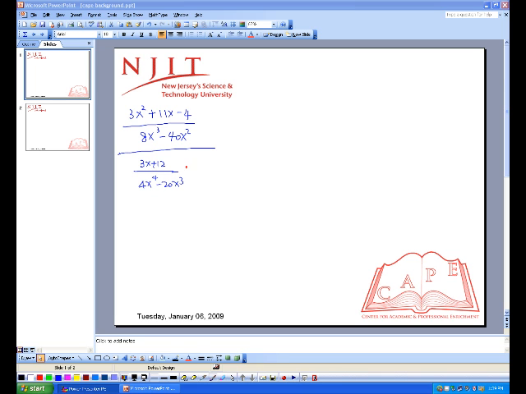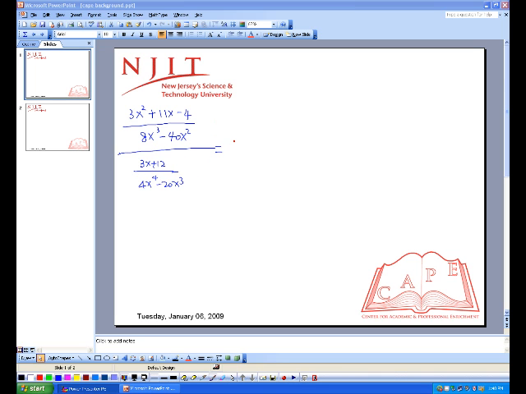Okay, so we have to use knowledge we learned before. When you have one fraction divided by another fraction, it's the same as you have one fraction multiplied by the inverse of the other fraction.